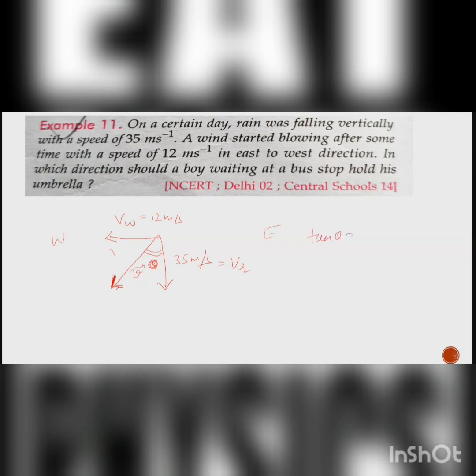Tan theta would be perpendicular upon base. This would be the perpendicular 12 by 35. So he should hold his umbrella at this angle so that he does not get wet.